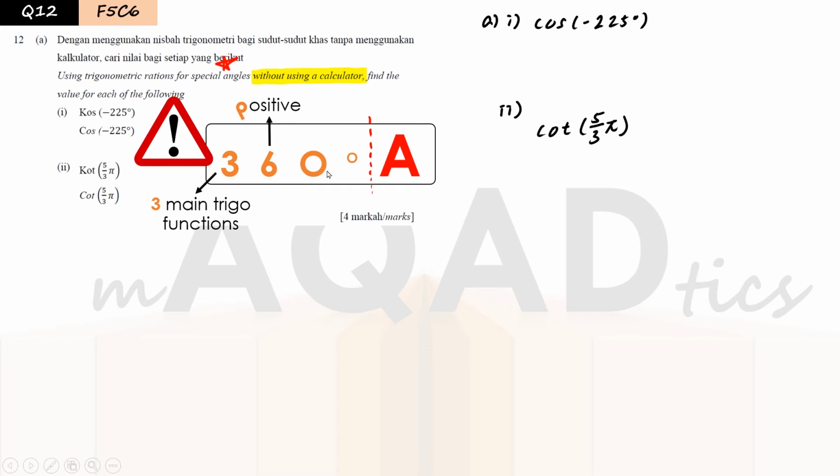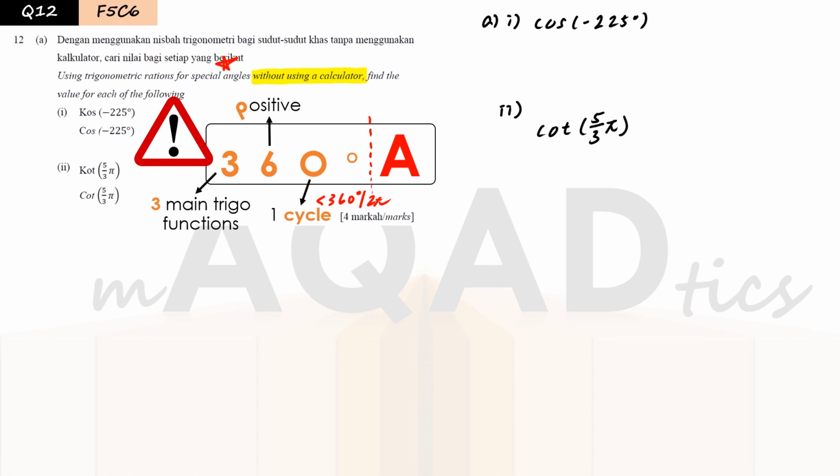The third one is the 0 here. You can view 0 as a cycle, meaning one turn. One cycle means that our angle needs to be less than 360 degrees, or 2 pi if it's in radians.